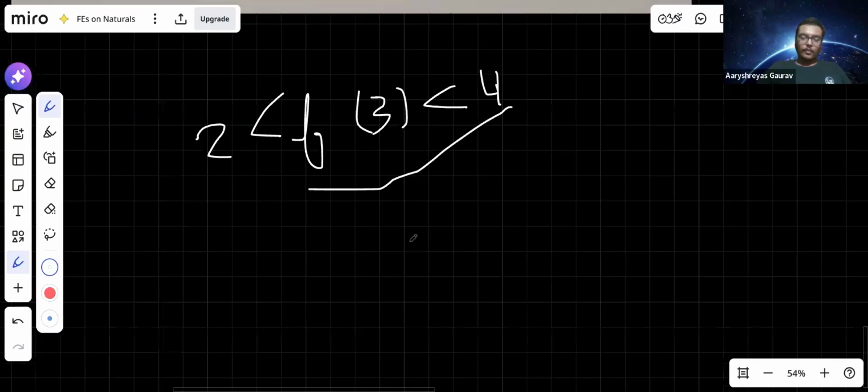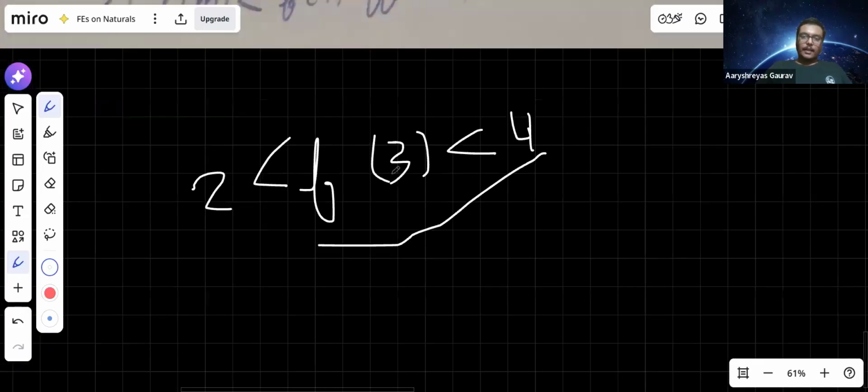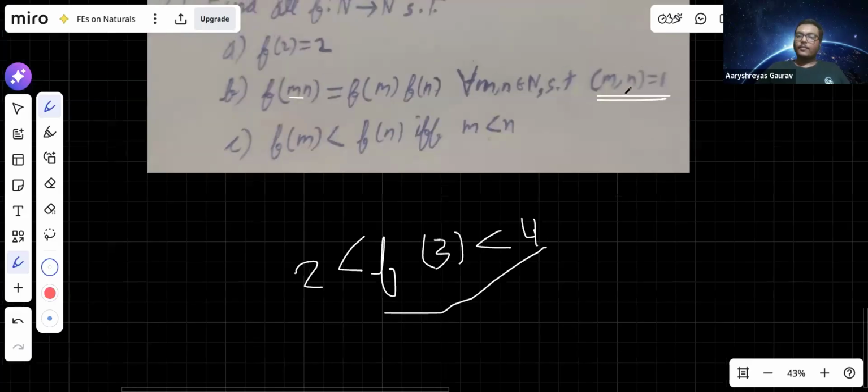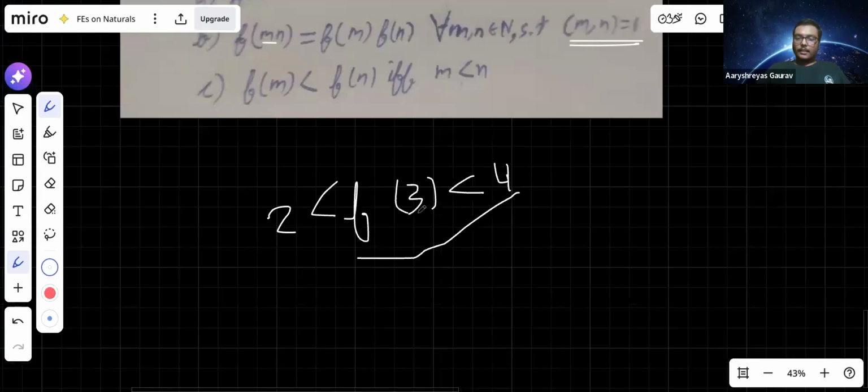So I was saying that we do have to brute force sometimes. And since we are working with the products in the second condition where we have to do things with the numbers which are co-prime, we can see that 3 is a prime number.